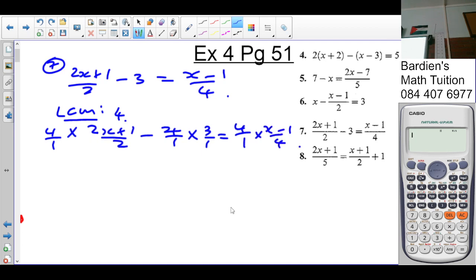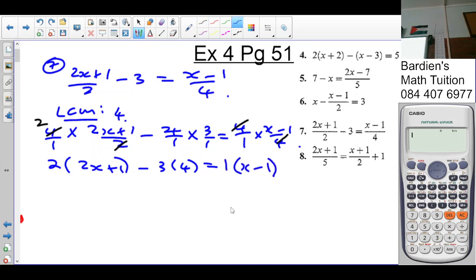Right, carry on. 2 into 2x plus 1, yes. Minus 3 into 4 equals 1 into x minus 1. 4x plus 2 minus 12 equals x minus 1.